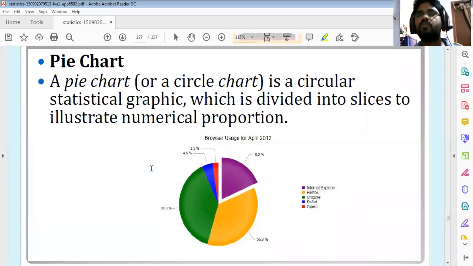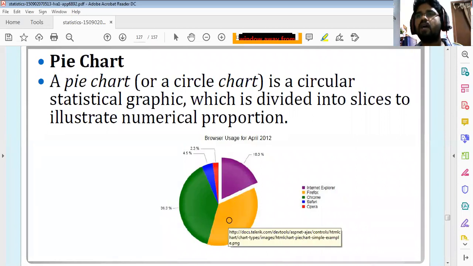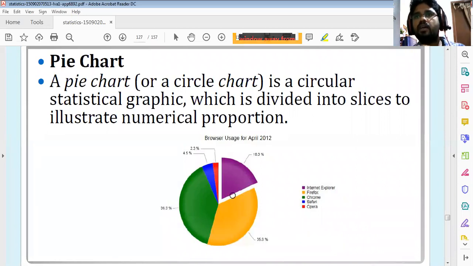Another good example is household expenditure. Your father may have more grip on your family expenditure: how much they spend on food, how much on rent, and how much on other activities.